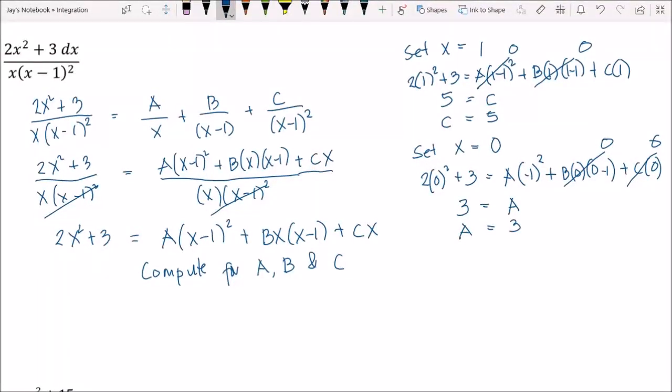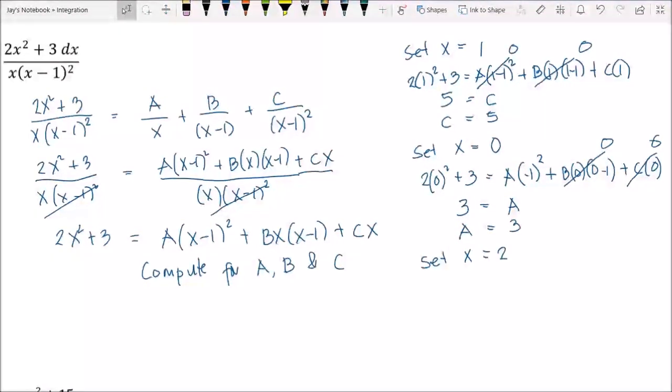Okay, now let's try to assign another value of x so that we can compute for the value of b. So what do you think could be the value of x? Okay, let's try 2.